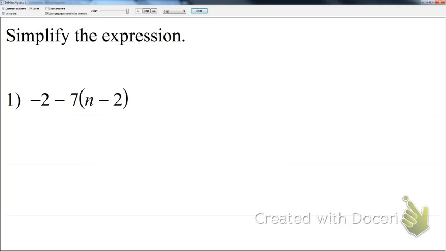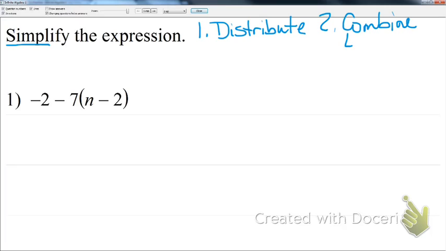Okay, you're looking at problem number 1 on the 5.3 practice page. So to simplify the expression, remember we do two things. We have to distribute and combine like terms. Distribute and then combine like terms. When you distribute, only the term that's directly beside parentheses.